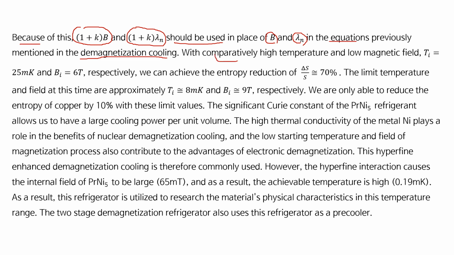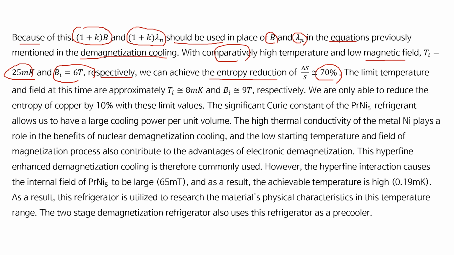With a comparatively high temperature and low magnetic field, Ti equal 25 millikelvin and Bi equal 6 Tesla respectively, this is the starting field and temperature for the demagnetization process, and we can achieve an entropy reduction of about 70%.